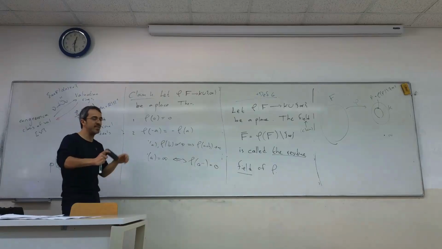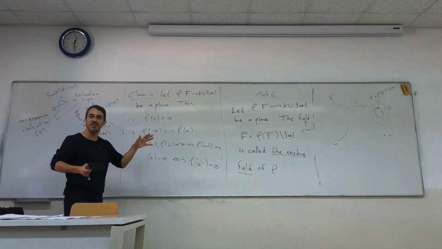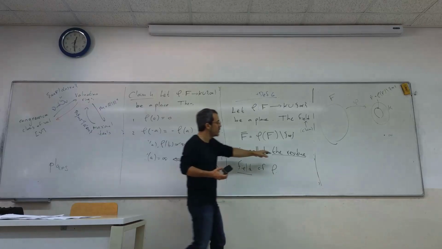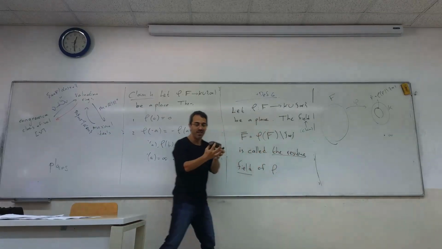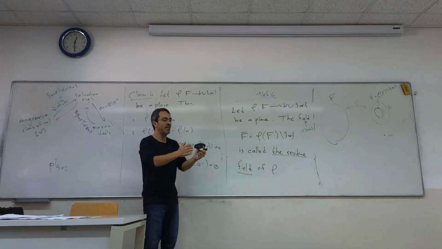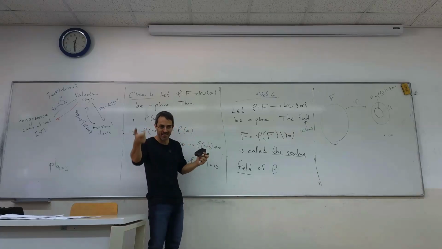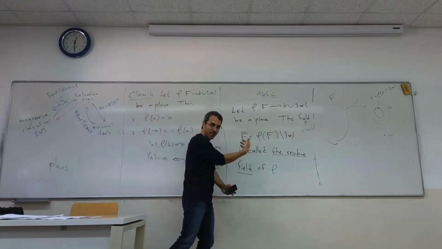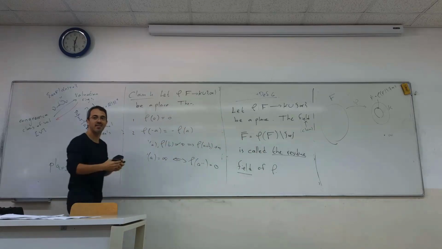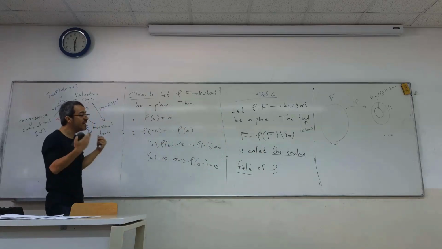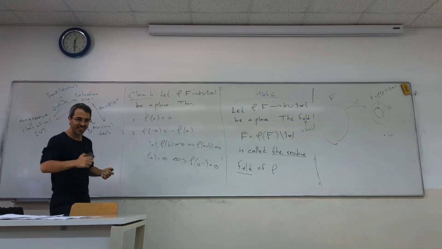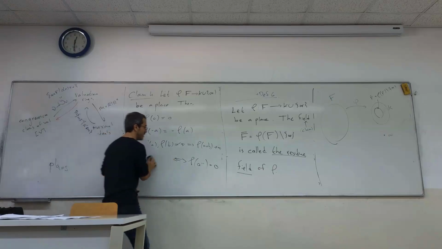Different places could have different residue fields. And we call them residue fields because of the residue. What does it mean to evaluate a polynomial at alpha? It means you quotient out by x minus alpha and look at the residue. That's the answer. That's why it's the residue field, the field of residues when you do the quotients, because evaluation is taking the residues. So that's the source of the name.